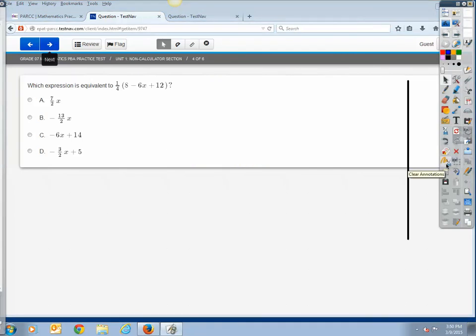Which expression is, oh my goodness, what a mess that is. Well, the first thing I'm going to do is combine the similar terms inside here. So I have 8 and I have positive 12. 8 plus 12 is a grand total of 20. So I have 20 minus 6x, and that's all multiplied by 1/4. The easiest thing to do first is multiply the 1/4 to everything here.